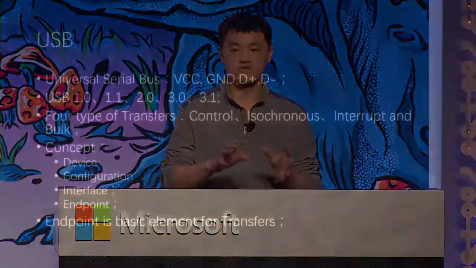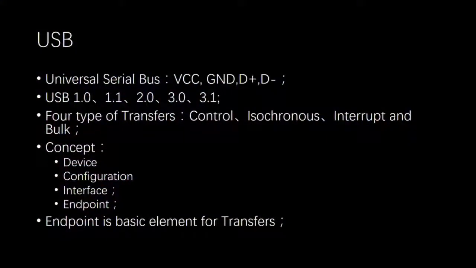The configuration defines what kind of USB you are using, and the interface defines the port for communication. And the last one is the endpoint. The endpoint is the basic element for USB communication.